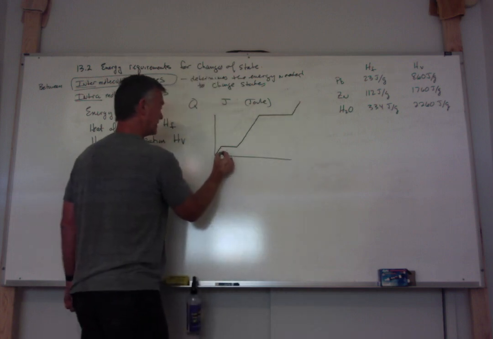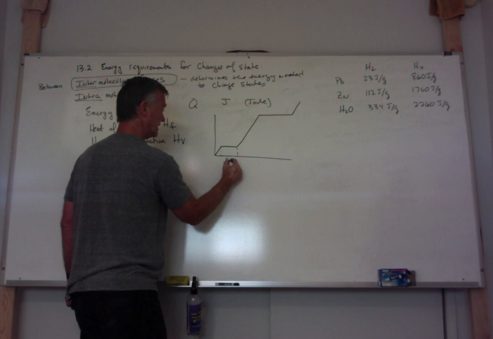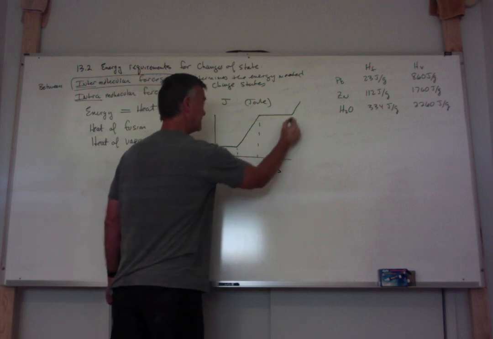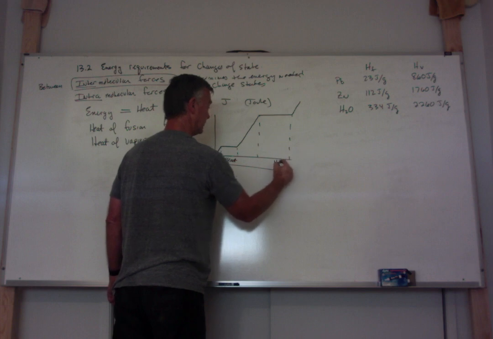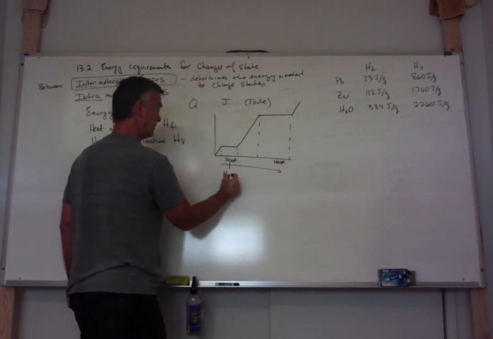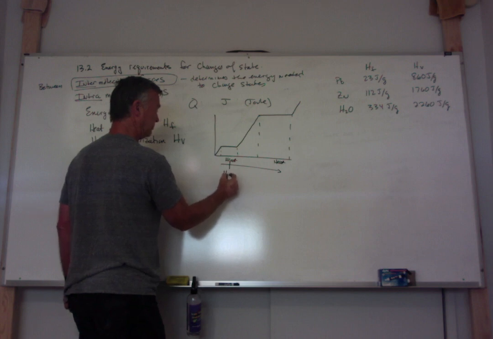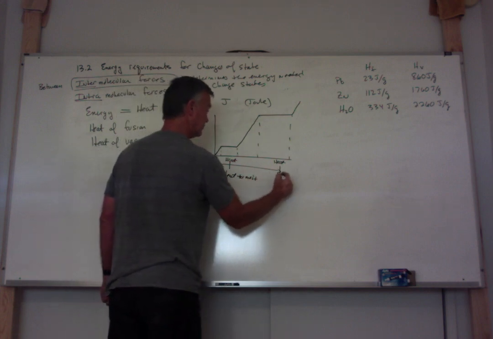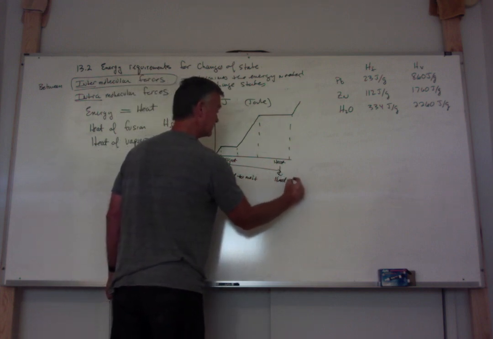During this period of time, a certain amount of heat goes in because we were going this direction. And from here to here, a certain amount of heat goes in. This right here would be the heat needed to melt it. And this would be the heat to boil it.